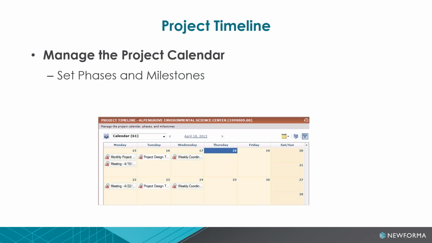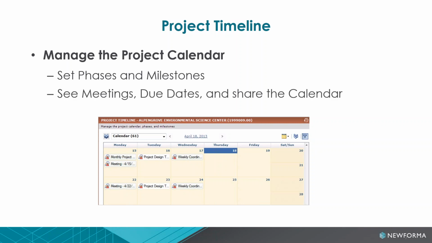And then, of course, our project timeline. So our project calendar, how we would see that in Newforma. We can set phases and milestones. And then also, so that all of you know, the meetings, the action items, those also show up on the project calendar by default. And we can kind of see it in a calendar view, but we can also share the calendar, but also synchronize with Outlook so that we can have it as a separate calendar that we can overlay on top of our existing calendar, and it will actually synchronize with Newforma at the top of every hour.